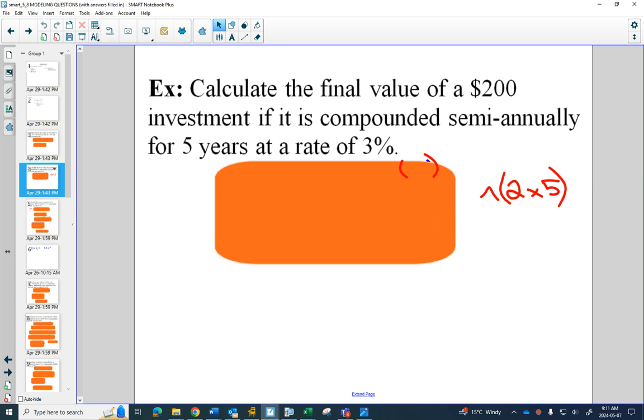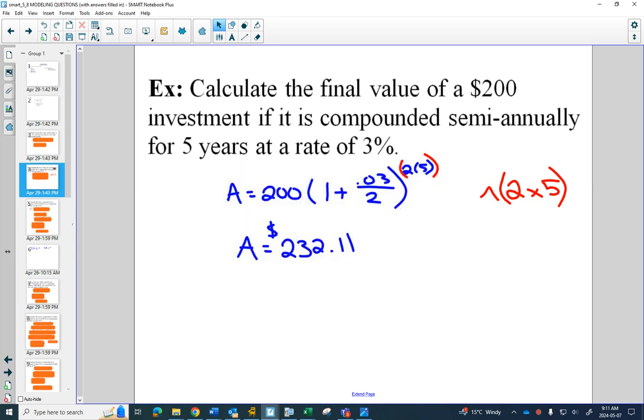All right, see how you did on this one? Now, one of the things I put in aside over there, sometimes you have a calculator where your exponent button is this little hat. And then you're going to have to put 2 times 5 in brackets.